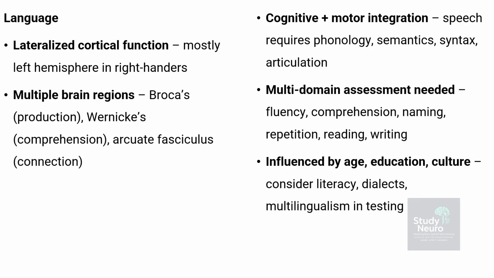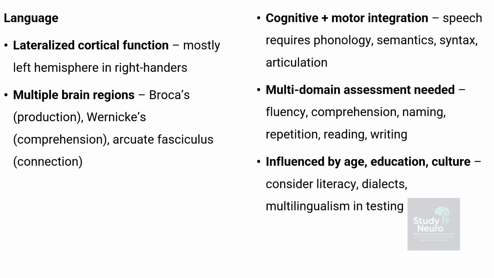It requires coordination between cognitive processes like understanding words and grammar and motor processes that control articulation. Because language is complex, it cannot be evaluated with a single question. A proper assessment looks at multiple skills, including how fluent speech is, whether the patient understands commands, can name objects, repeat phrases, and read or write when appropriate.